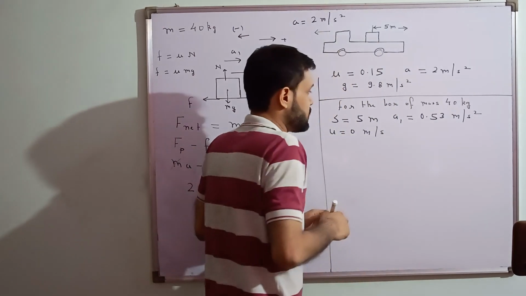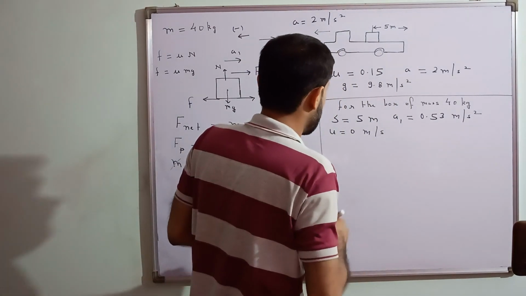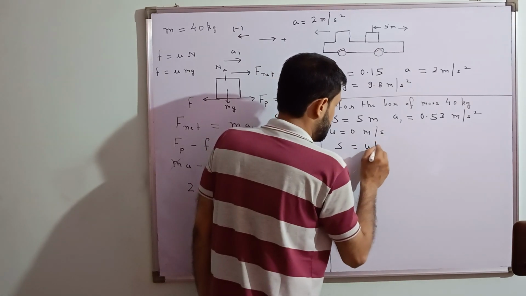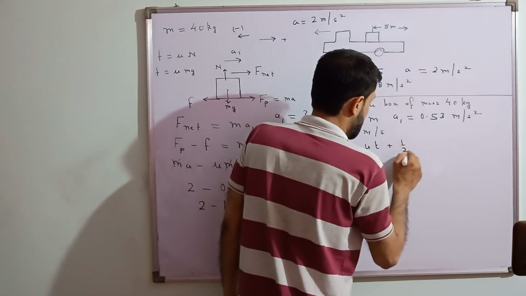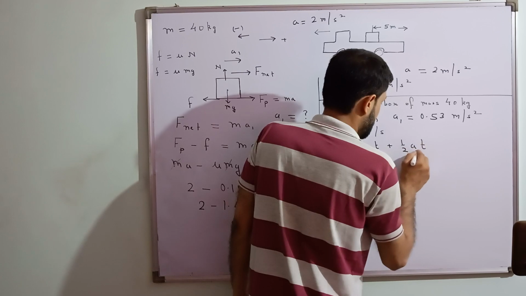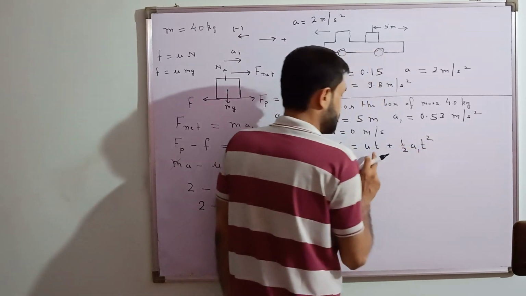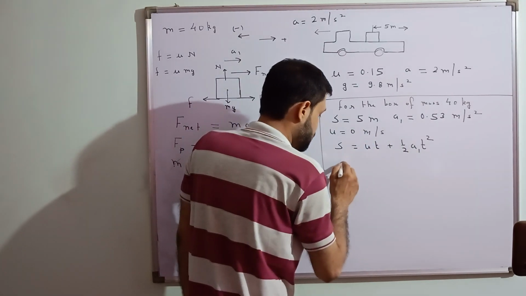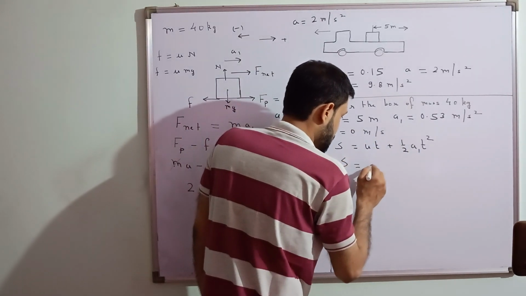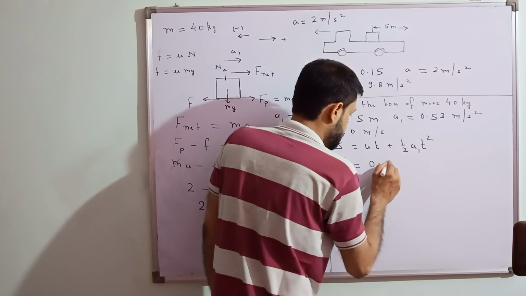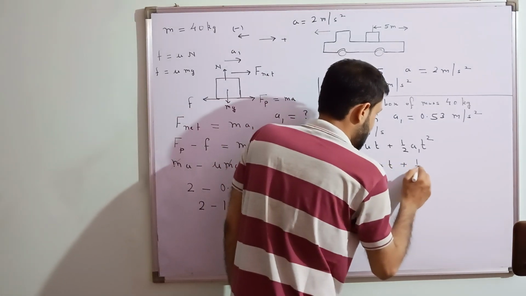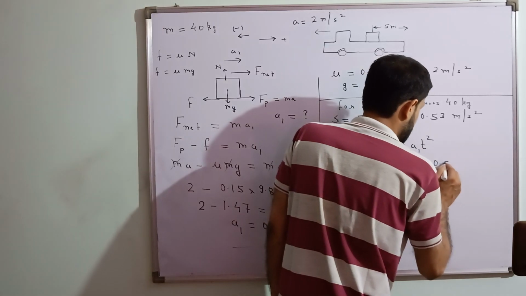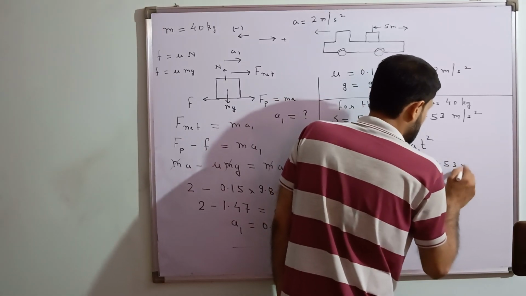We can use the equation S is equal to ut plus half a t square, let's write t1 square. Now we know the initial velocity is 0, so this becomes 0. We are left with 0 into t plus half, A1 is 0.53, into t square.